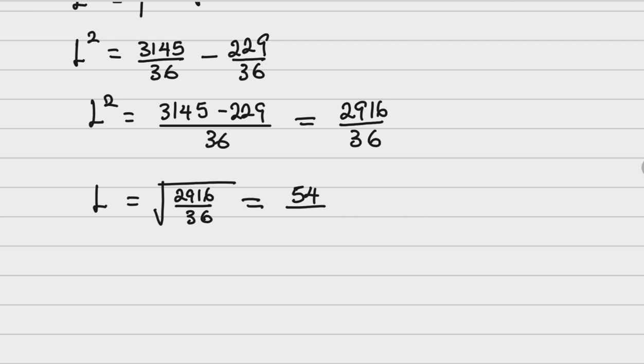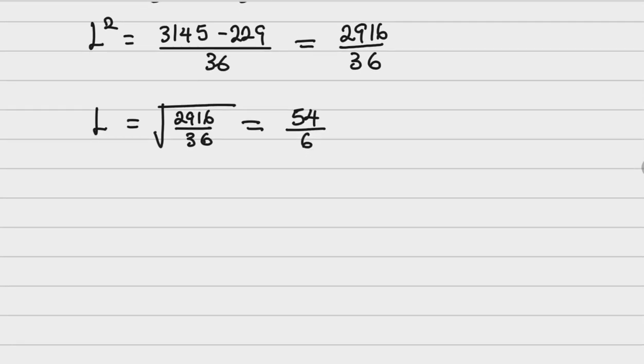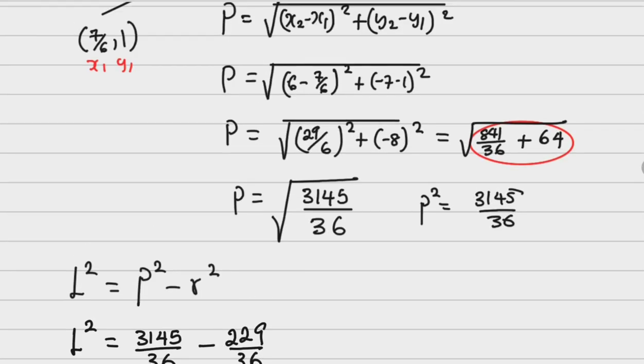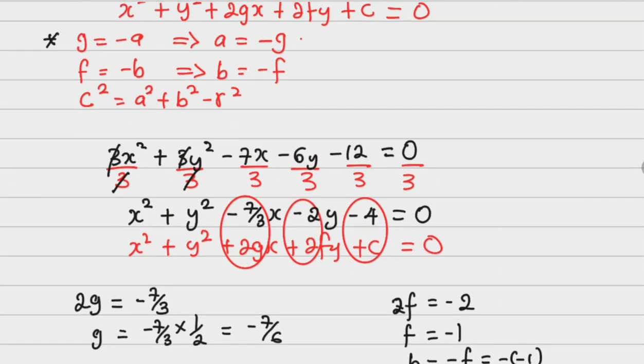Then the square root of 36 is 6. All right, so I have 54 over 6. Now 54 over 6 is clearly going to be 9. So that is what is going to be the answer. So 9 units. Okay, that is the length of this chord from the external point.